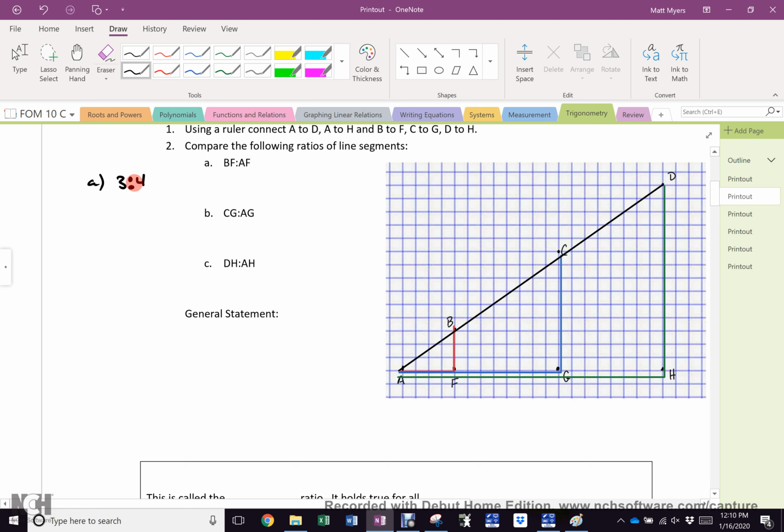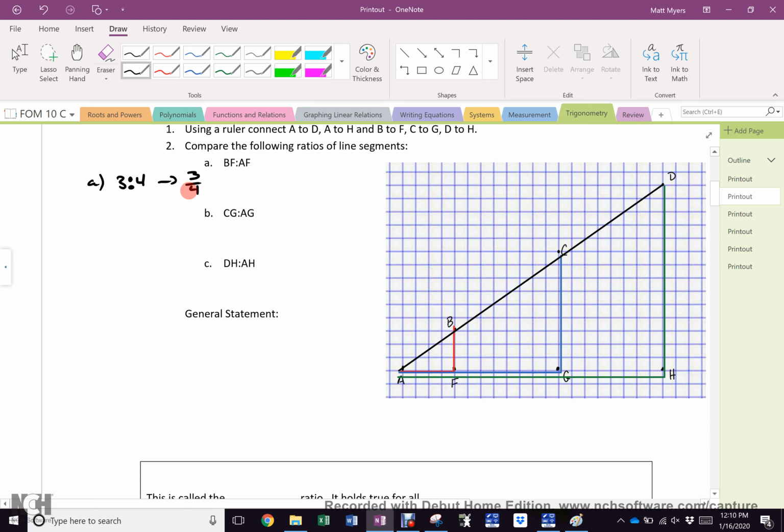How do I write the ratio? 3 over 4. So if that is a ratio, 7 out of 12, 8 out of 9, then does that not mean every fraction is a ratio? Yes, of course it does. 3 over 4, because that is 3 possible parts out of 4.